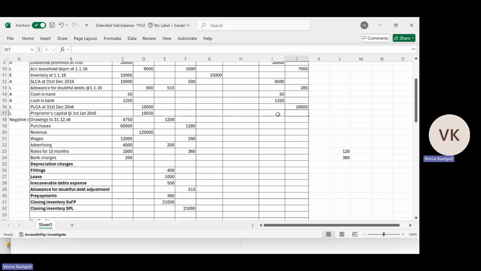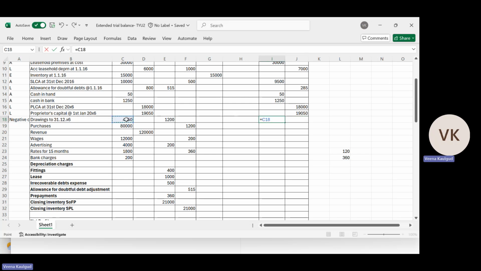Okay, so the capital just needs to be recorded as it is because there is a profit figure at the end. So what we will do here, guys, is put proprietor's capital here. It's a liability. Then drawings, as you see, it is a debit. There is a further debit, so it has to add.